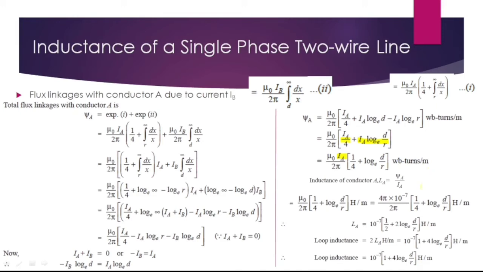We have a generalized expression that the inductance of a conductor A, let it be the LA value, is equal to psi A by IA.